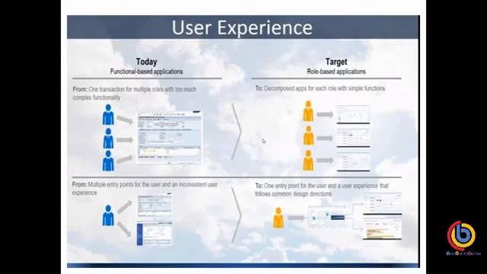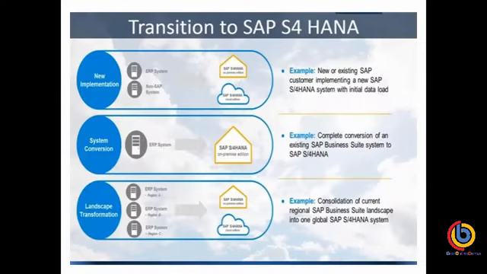So this is the transition to SAP S/4HANA that we will see in detail during our training session: new implementation, system conversion, landscape transformation. There are three kinds of transition, and mostly we'll see the new implementation and how we can perform certain activities.